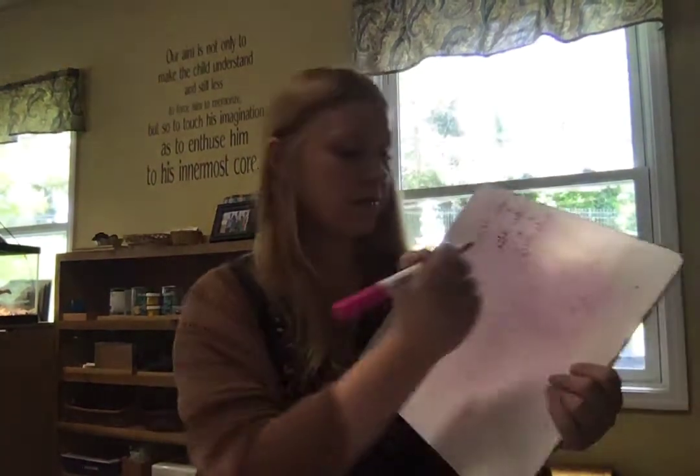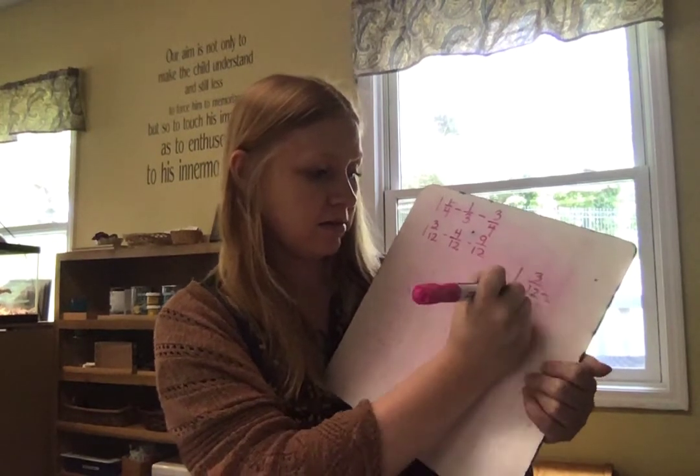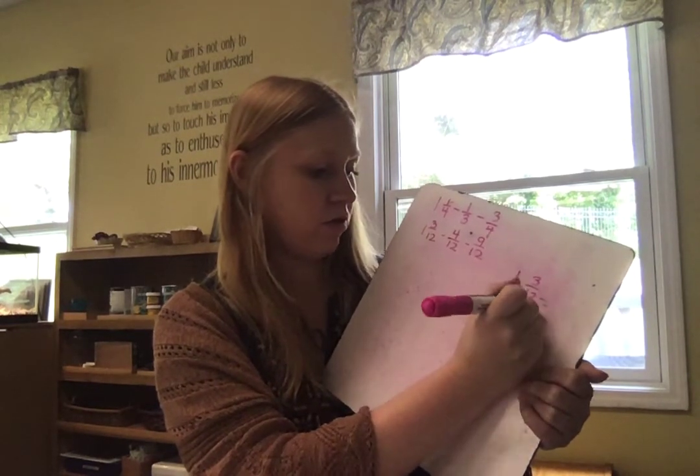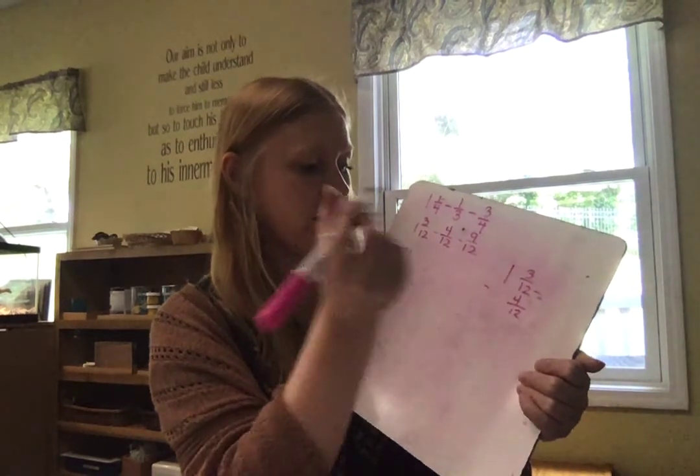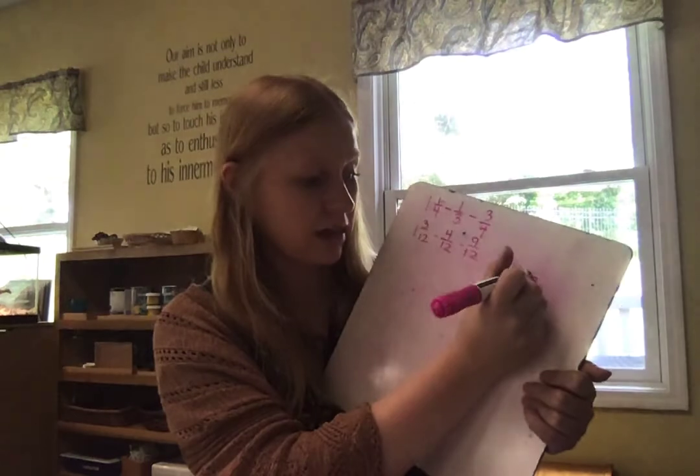Okay, back to that subtraction. I have 1 3/12 minus 4/12. Well, I need to borrow. This becomes a 0, and I need to add 12/12 to my 3.